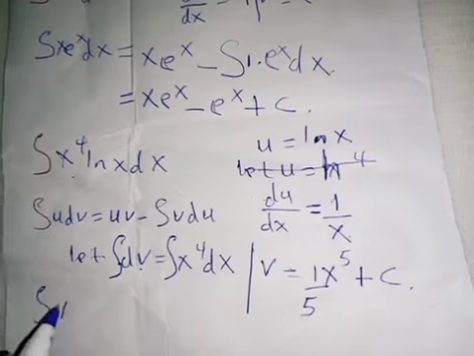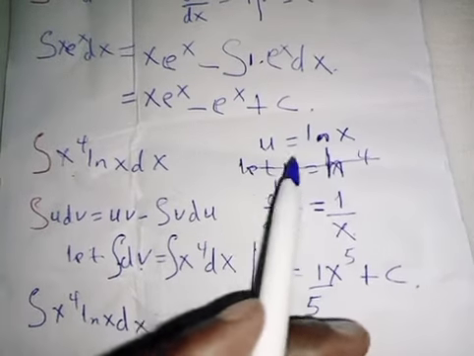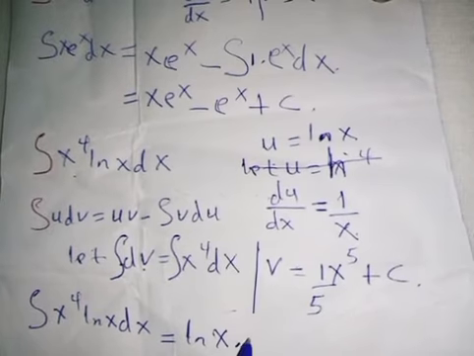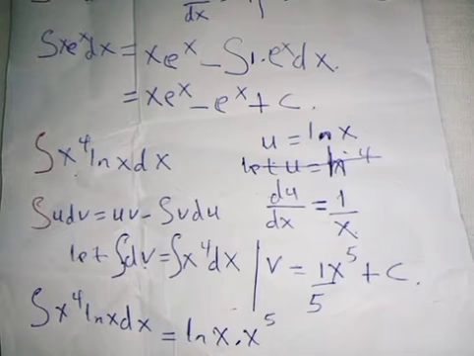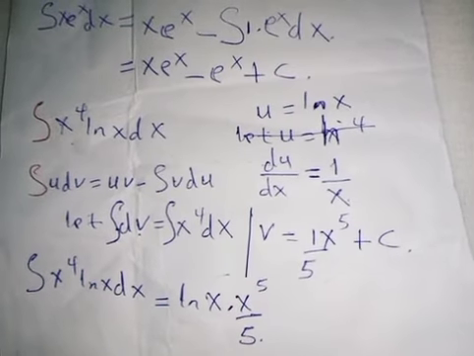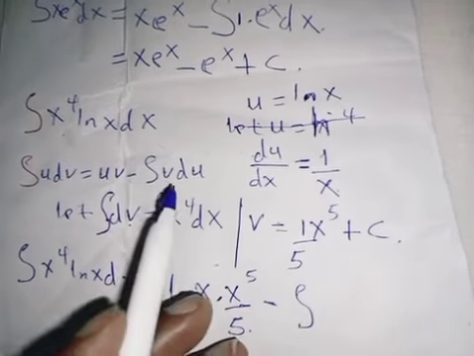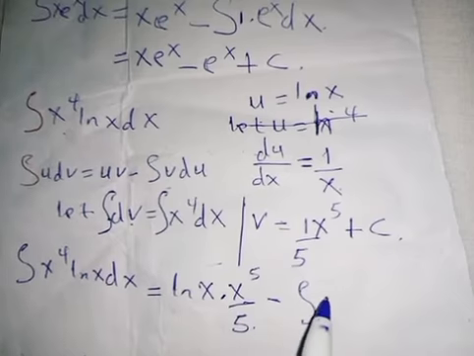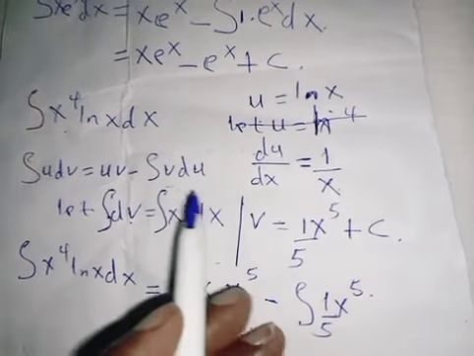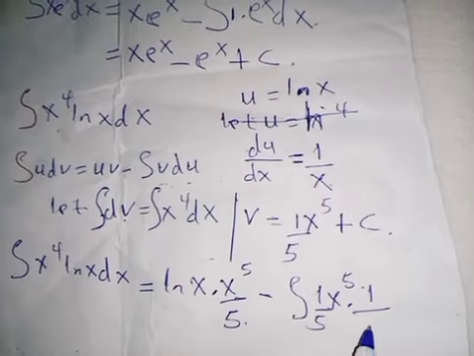So the integral of x power 4 ln of x dx is equal to our u, which we have let to be ln of x, multiplied by our v, which is x power 5 divided by 5, minus the integral of our v, which is 1 over 5 x power 5, multiplied by our du over dx, which is 1 over x.